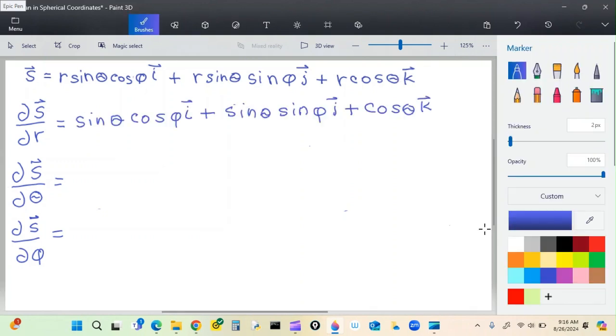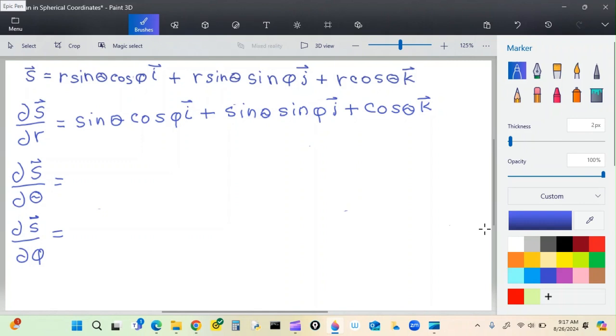So let's look at what happens if we do a derivative with respect to theta. So we're going to focus on those trig functions that are theta. Now, derivatives of trig functions are pretty easy. The derivative of the sine is the cosine. The derivative of the cosine is negative sine.